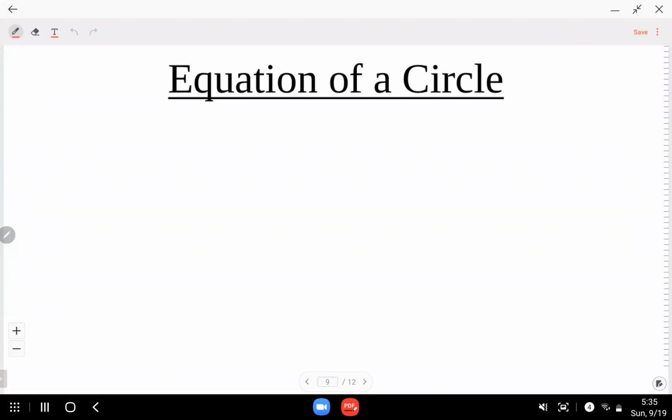All right, so what do we know about circles? What do we need to graph a circle? All right, let's brainstorm a bit. What is needed to graph a circle?